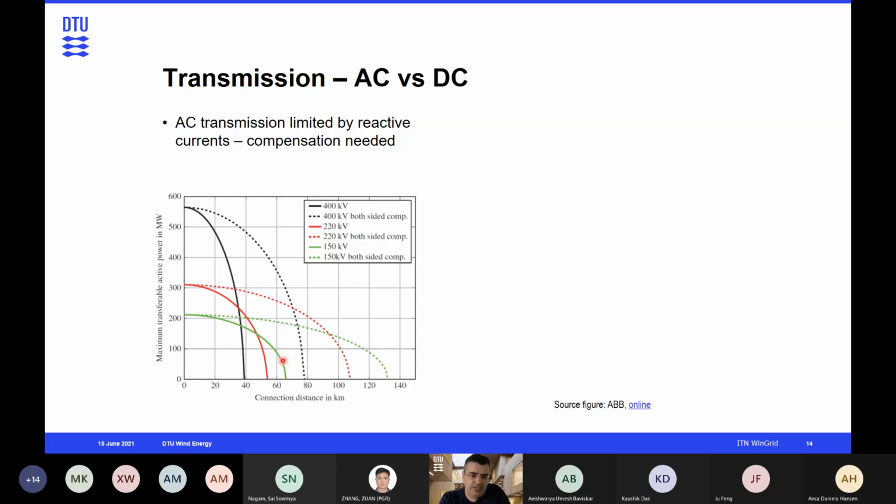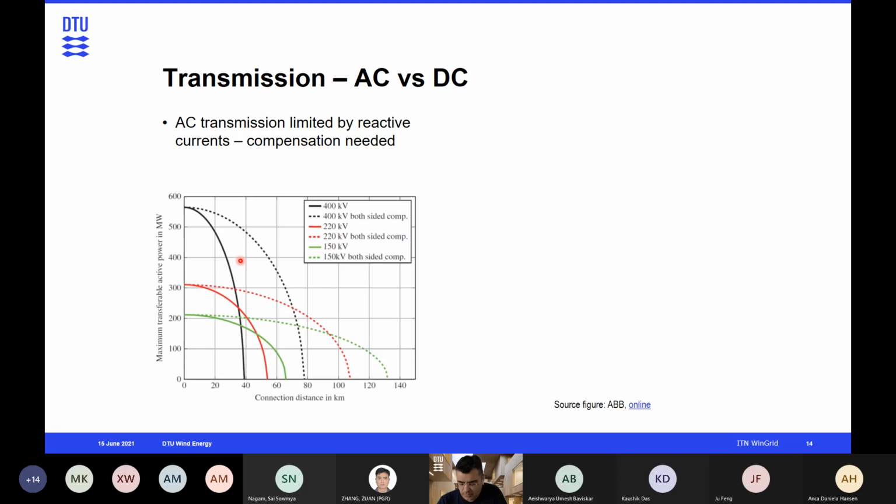This is an example, where you can see a graph of how much power can be transferred over how long a distance, depending on the voltage level for the different colors, but also on having compensation on both sides or not. You can see that the compensation can significantly increase the distance over which we can transfer power, but still this has some limits.